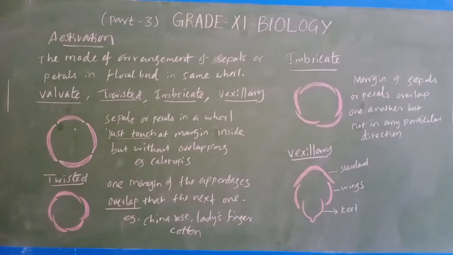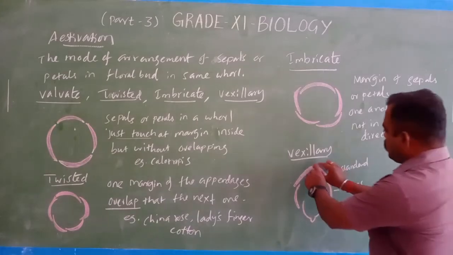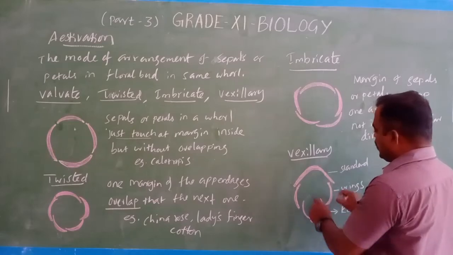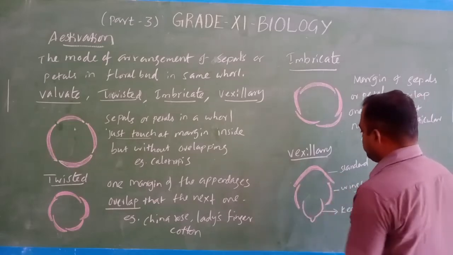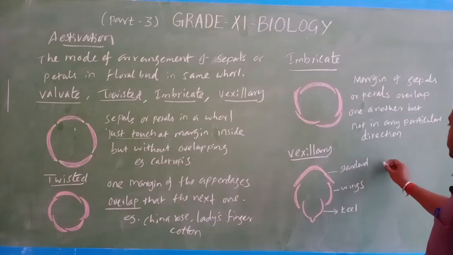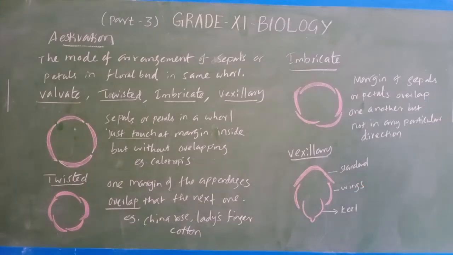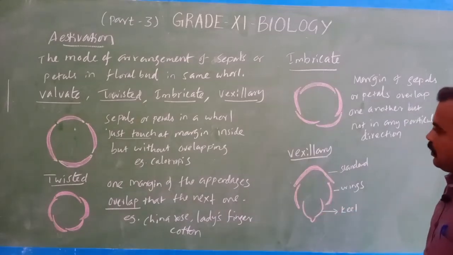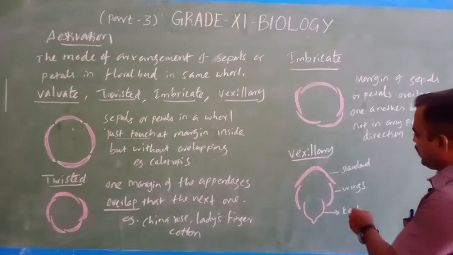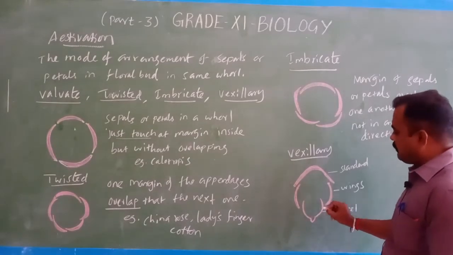Okay, so in the vexillary, the large one, the standard one, overlaps the two lateral petals. Then the next, which in turn overlaps the smallest anterior petals. This is the smallest anterior petal.